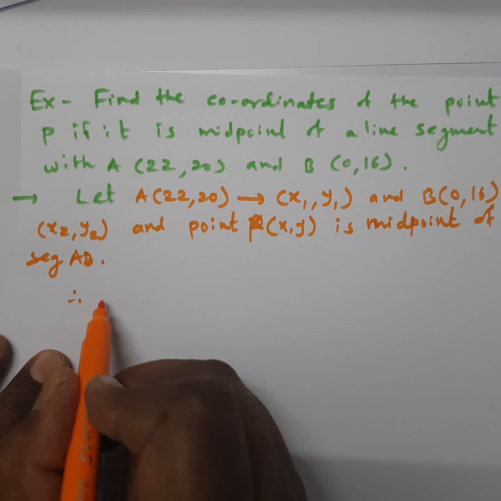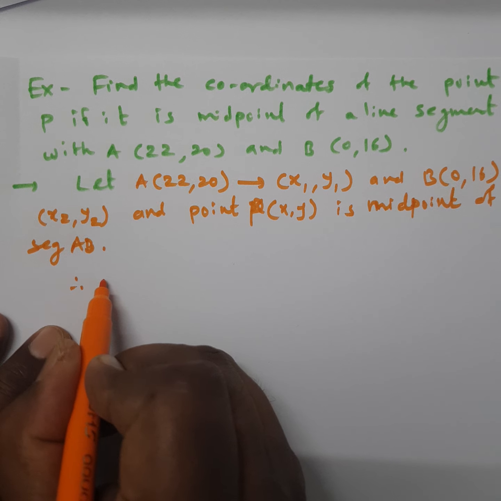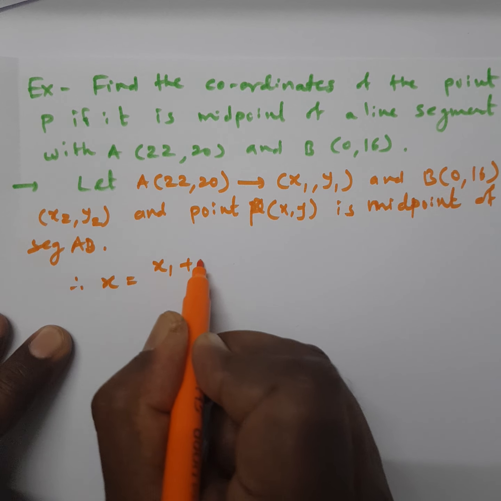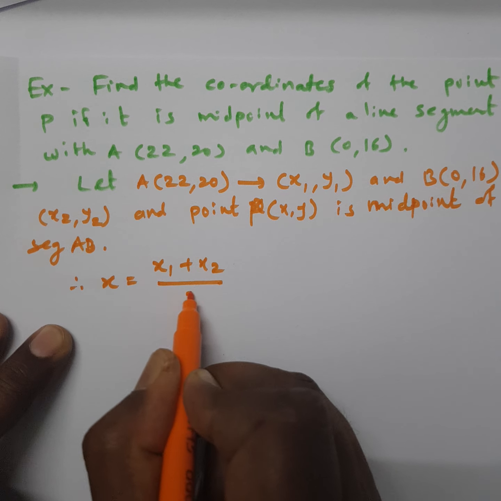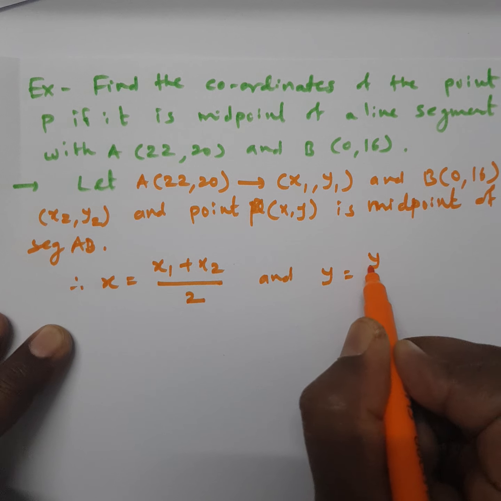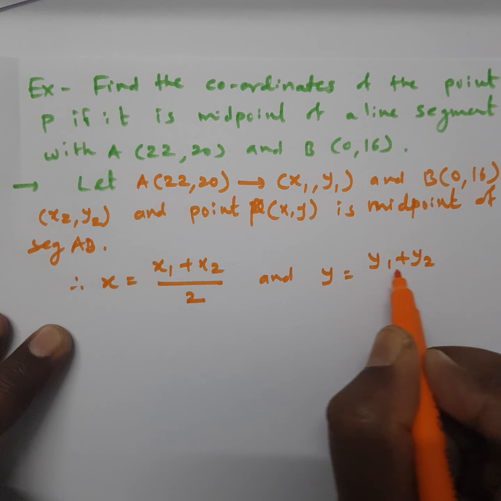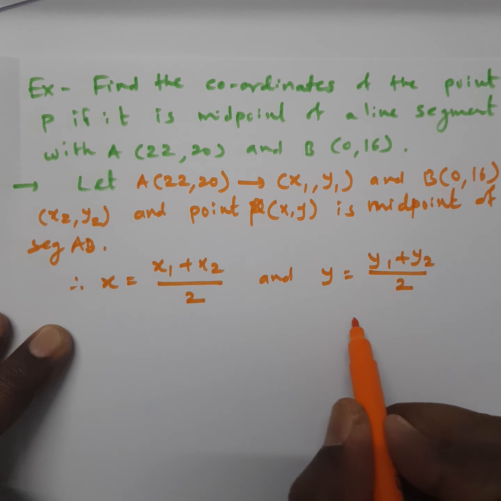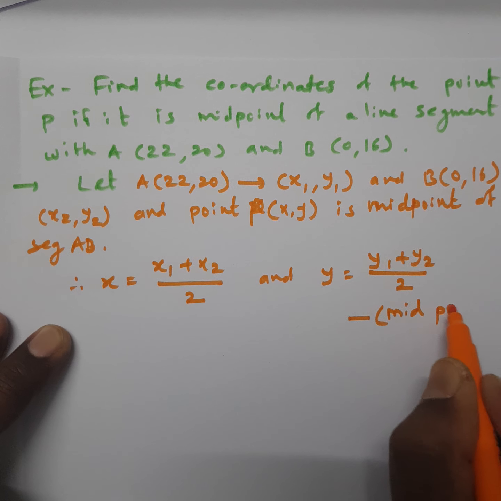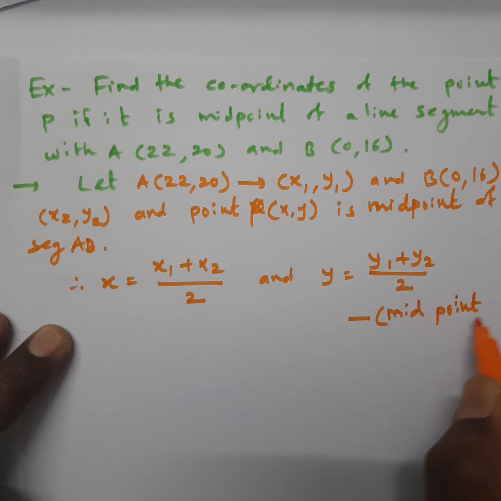Therefore x is equal to (x1 + x2) upon 2 and y is equal to (y1 + y2) upon 2. It is the midpoint formula.